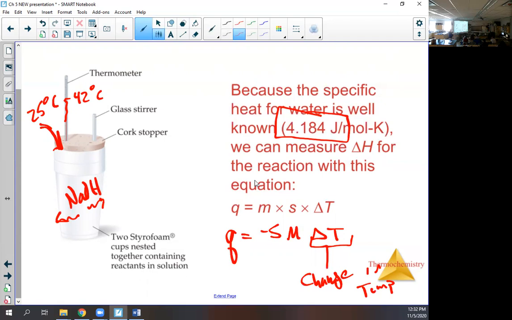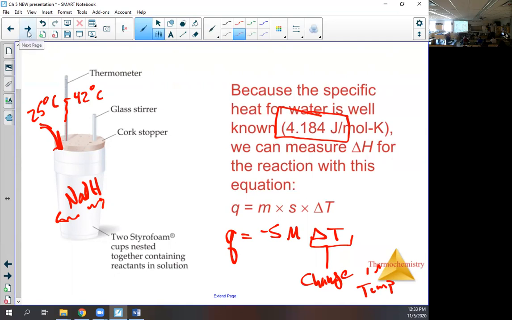Because it went up. If I don't have that negative, it's a positive value, and you might think it's endothermic. Without the negative, it's just telling you the energy. It doesn't care positive or negative, but we really do care about positive or negative. So that negative makes it work with our convention: negative is exo, positive is endo.